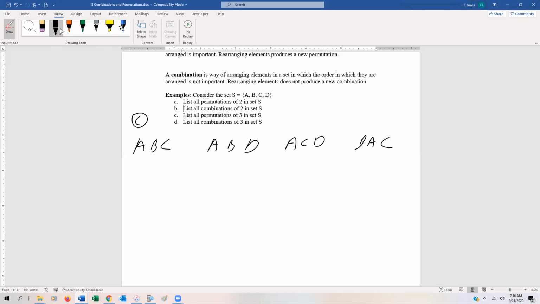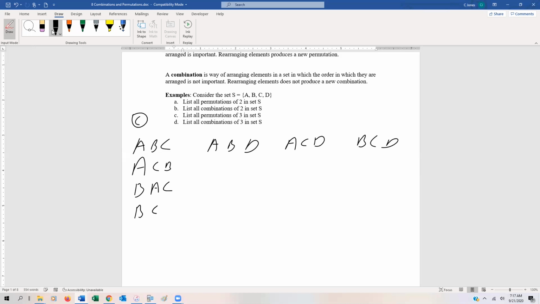Now, what we have to do is flip all of those around. All right, so another permutation would be A, C, B. Going back here, we have ACB, and then we have BAC is another one.